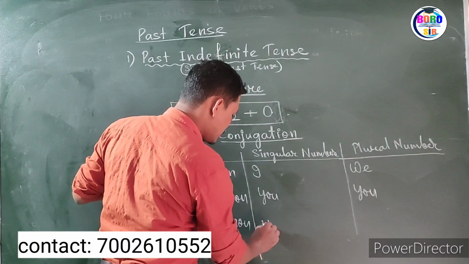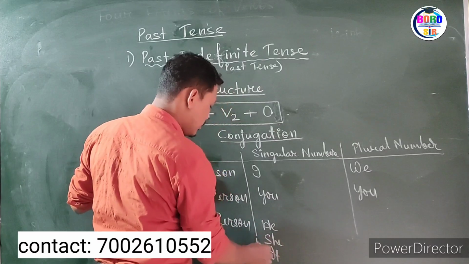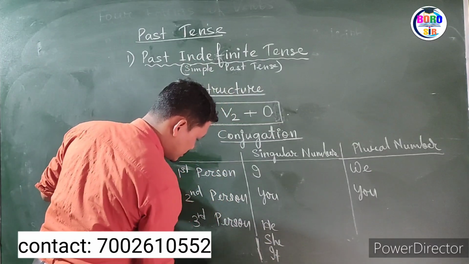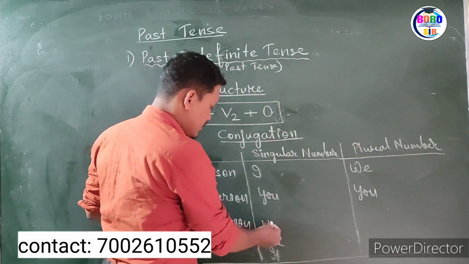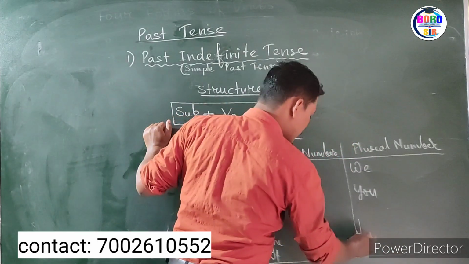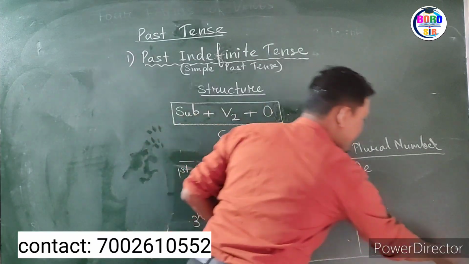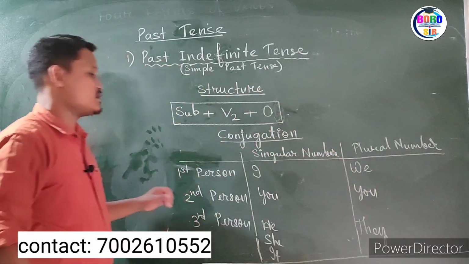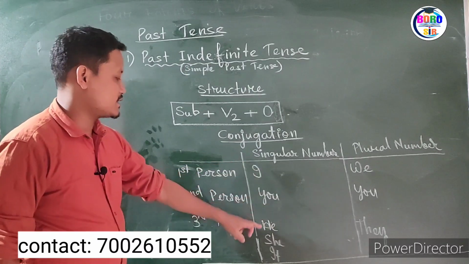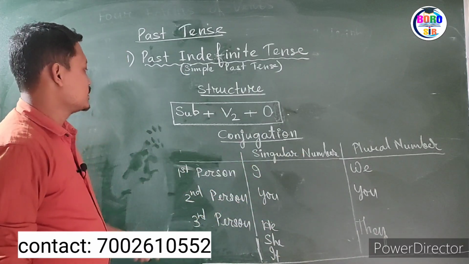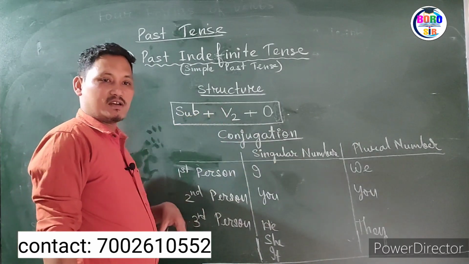And all the other singular nouns will be coming here, and they will be taken together to refer to the plural number they. So we have written all the subjects here. This is the place of subject. Now what comes? The verb will come.